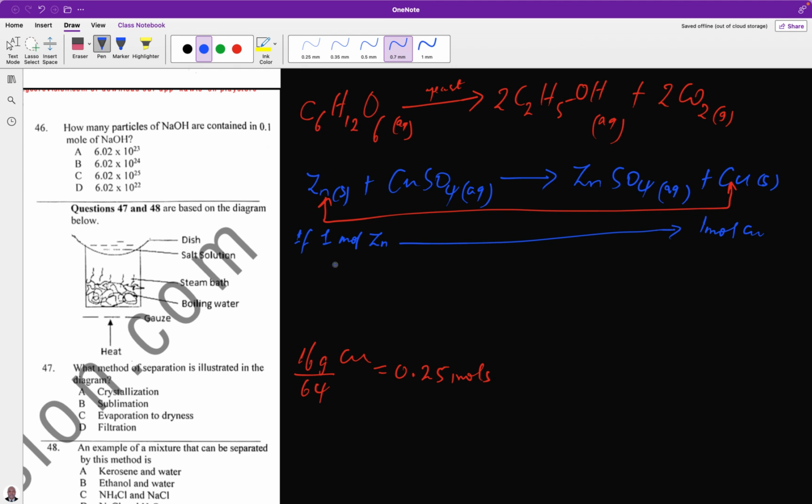We were given 16 grams of copper, or 0.25 moles of copper. We have converted the mass of copper into the number of moles, so there's no big deal there. So what we will have is 0.25 moles of zinc.